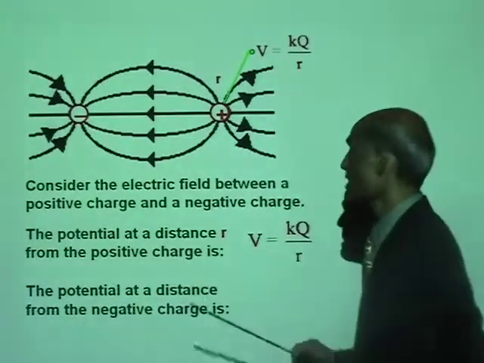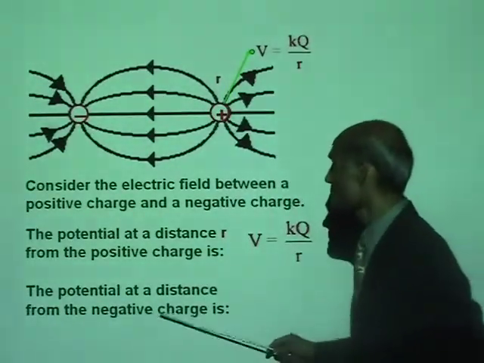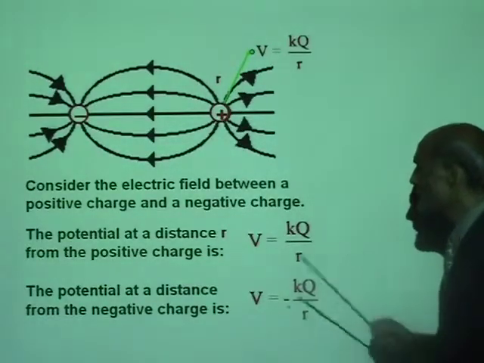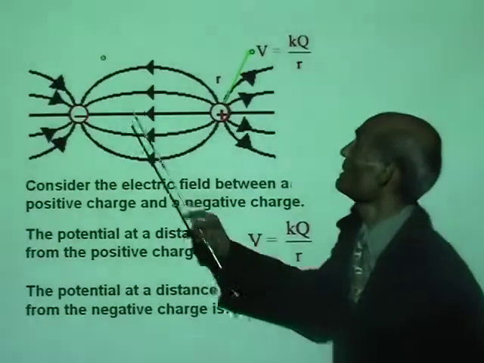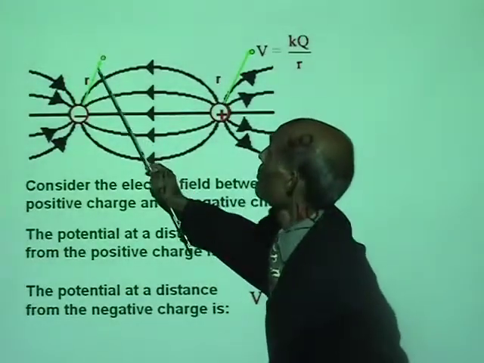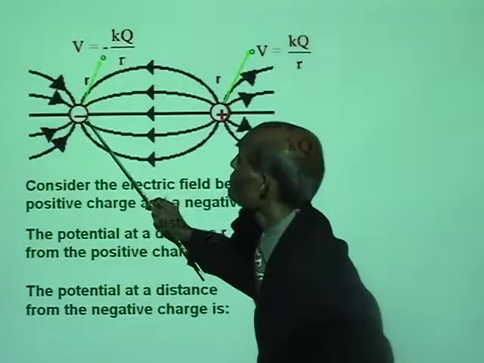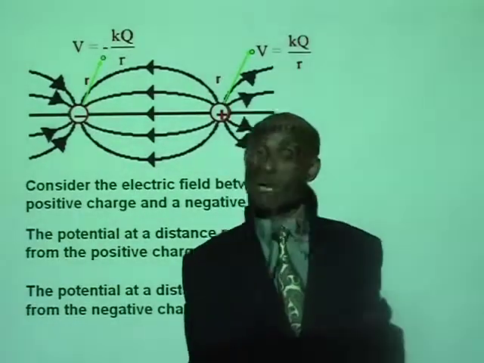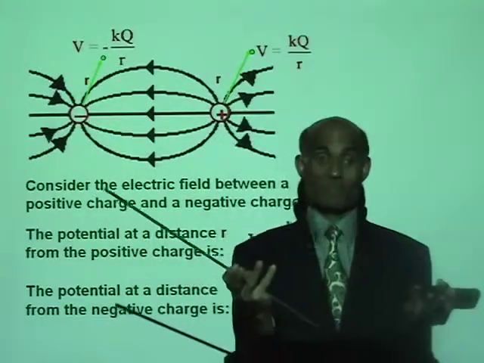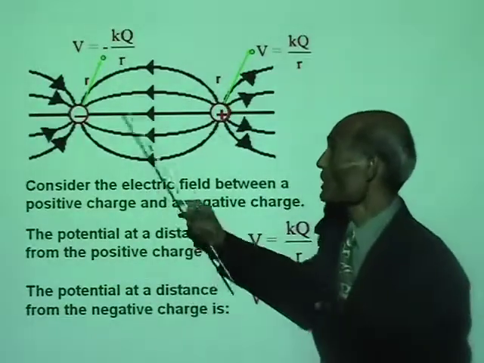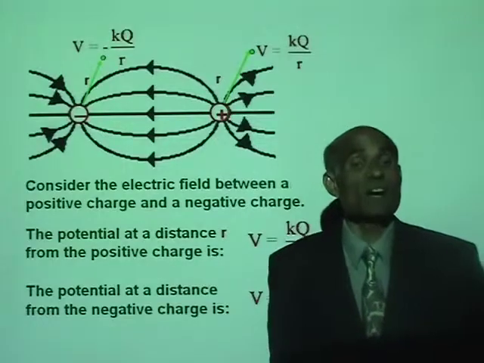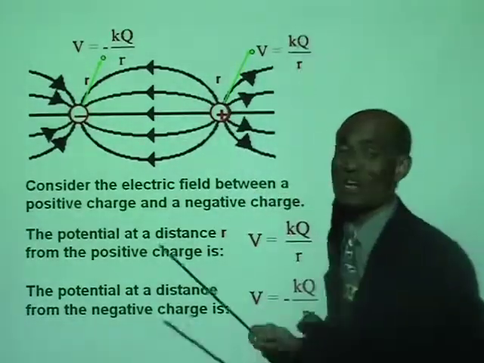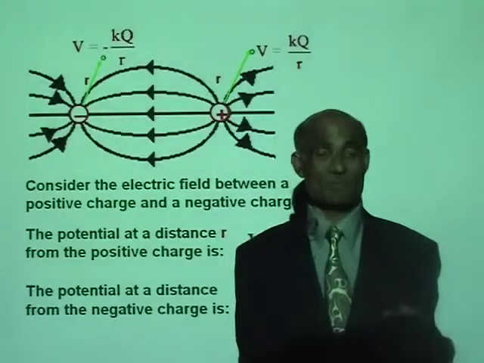The potential at a distance r from the negative charge is V equal to negative kq over r. So, you can see potential at this point due to this negative charge is a negative value. Not because it is a vector, but because the potential due to a negative charge is a negative value. The potential due to a positive charge is a positive value.